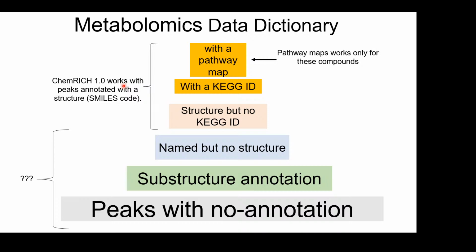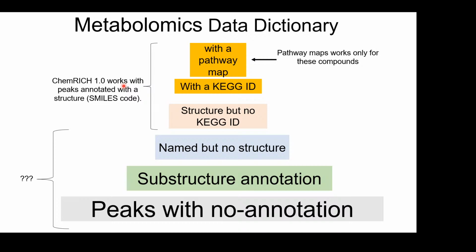Then we have structures where we know the exact structure, like a SMILES code or InChI, but we don't have a KEGG ID, which means they were not covered in a biochemical database. Then we have compounds with KEGG IDs, where KEGG or a biochemical database has literature-supported evidence that this compound was detected or measured in a particular sample.